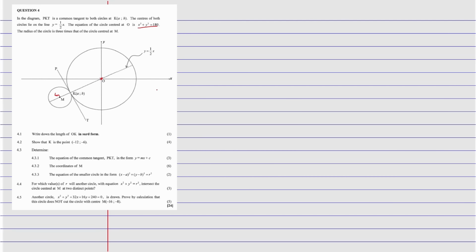Then they tell us the radius of the circle is 3 times that of the circle centered at M. So we know that the radius of the big circle, R, is equal to 3 times the radius of M. That's the information that we have, right?